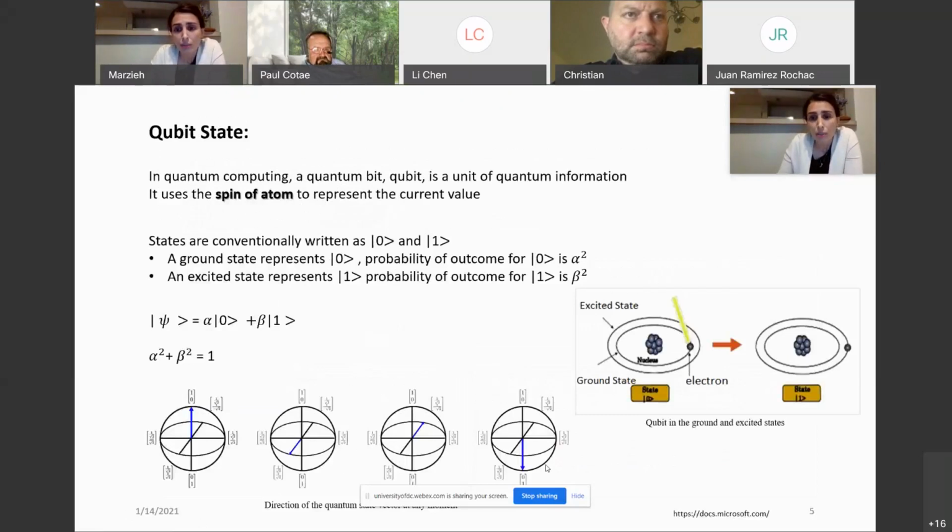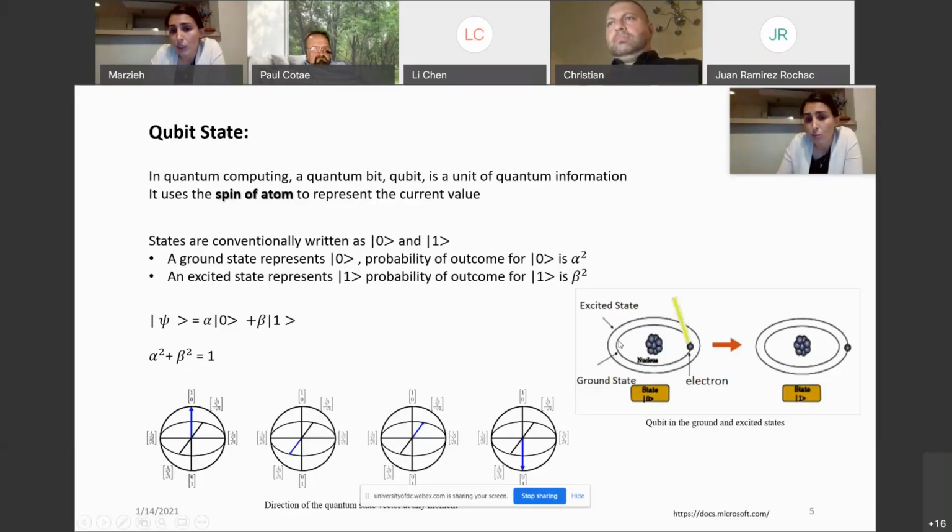If you want to see a little bit of the physics behind the qubit, which is the unit in quantum computing, it uses the spin of atoms. What we mentioned about making magnetic tunnel junction spintronic devices is because of what we are explaining here. They use the spin of the atom, and the spin can be either in the 0 state or the 1 state.